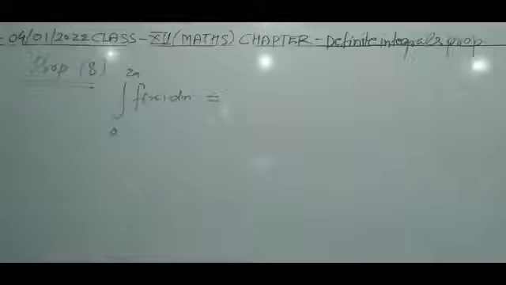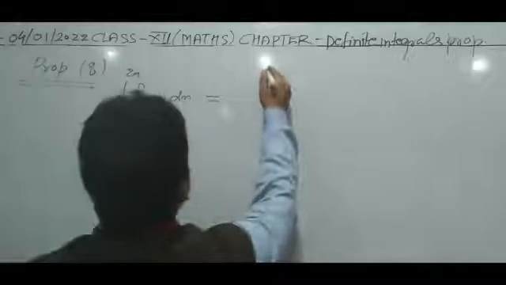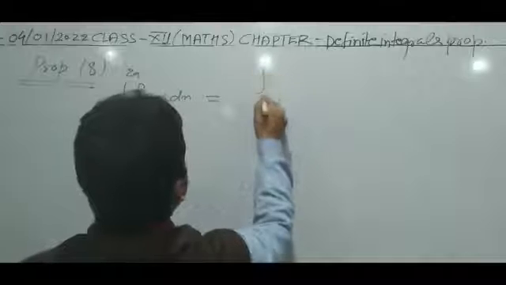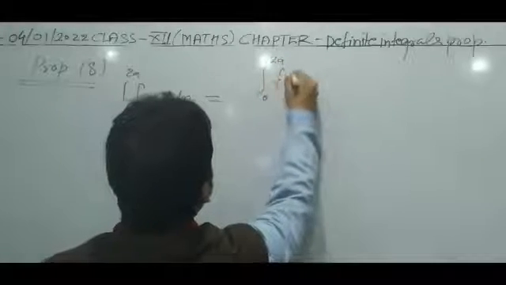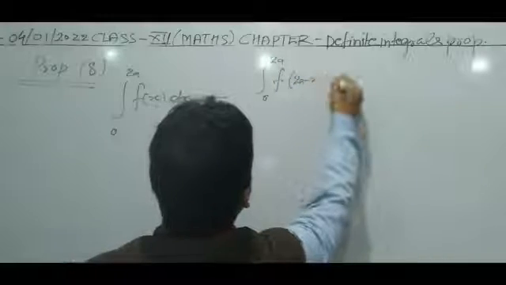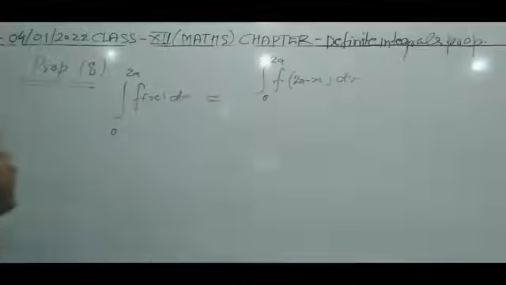There are two values. This one we can write integration of 0 to 2a f of (2a minus x) dx, when this is the condition, integration over 0 to 2a or 2 times 0 to a f(x) dx we can write.